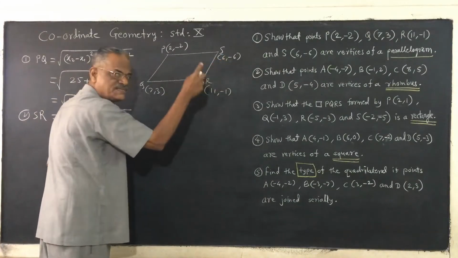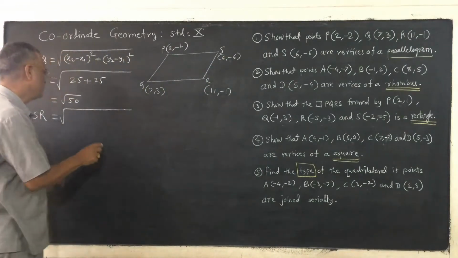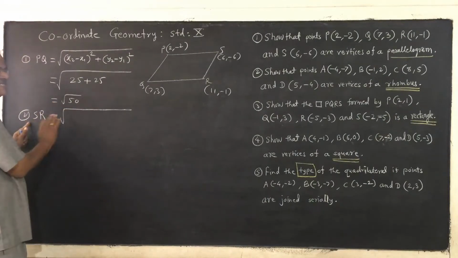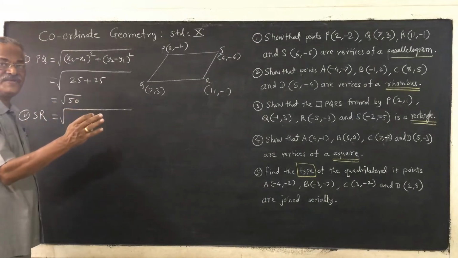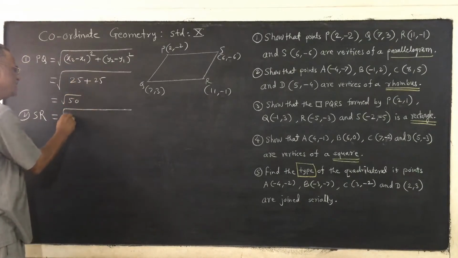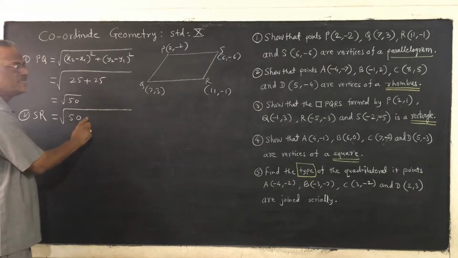Minus 6 minus 1 is minus 5, square is 25. So again you are getting under root 50. The SR is under root 50.